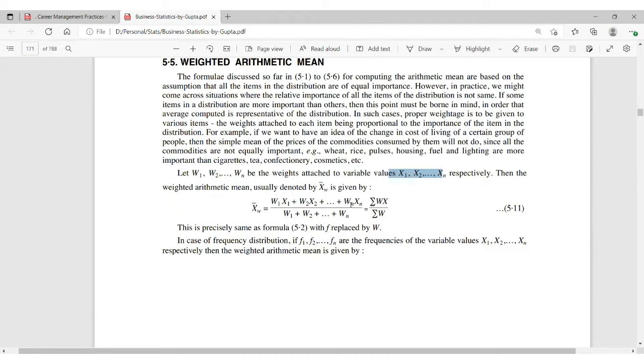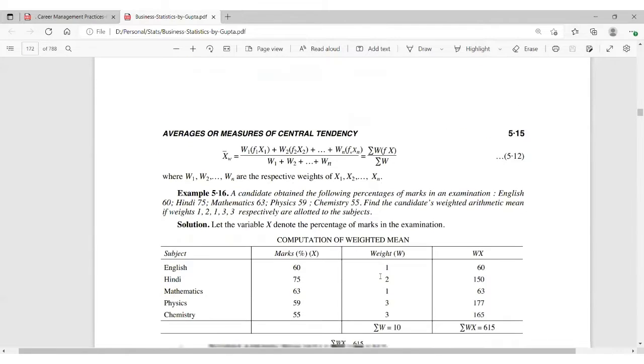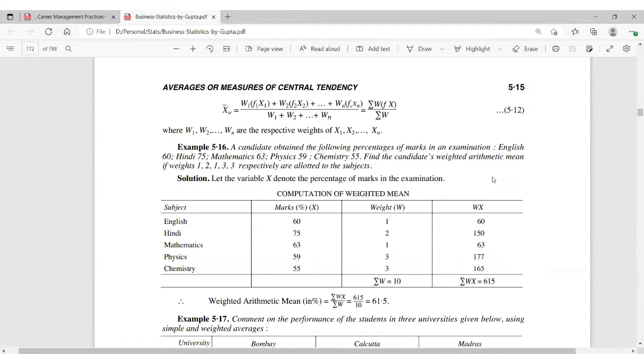W1 x1 plus W2 x2 up to Wn xn upon W1 plus W2 plus up to Wn. In generalized form, summation of Wx upon summation of W. Sir, what is the meaning of weighted arithmetic? See, I'll tell you. It will be more clear in this example.